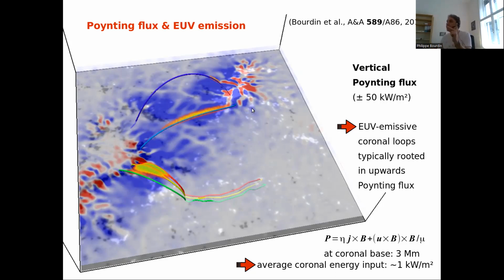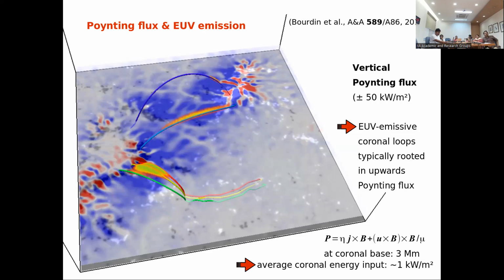That gives you a sometimes positive, sometimes negative component of the cross product of the velocity and the magnetic field vector. And that contributes to the vertical Poynting flux, of course. And because the velocity field is more or less random, that could mean there's randomly oriented Poynting flux above strong polarities.